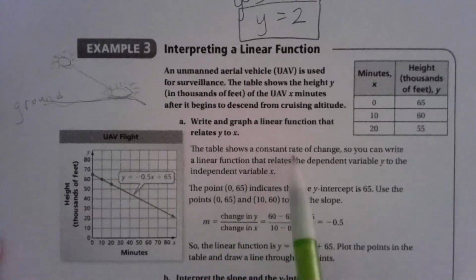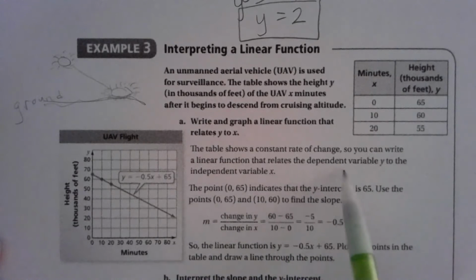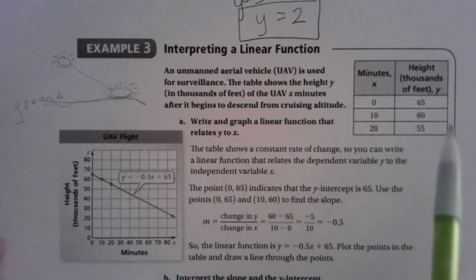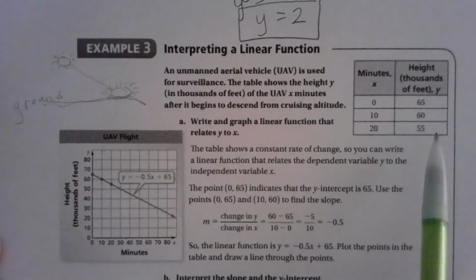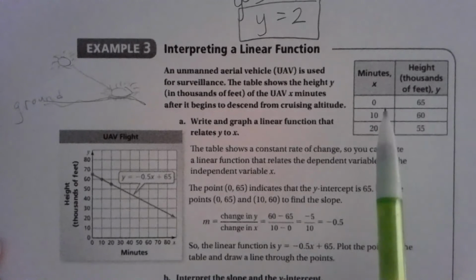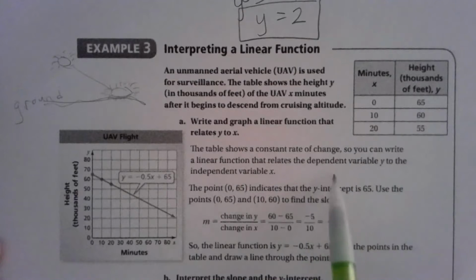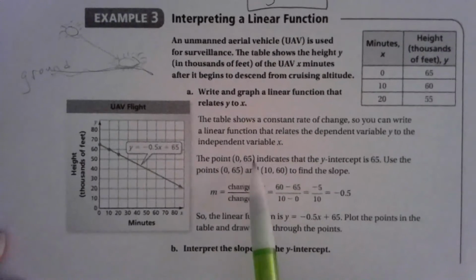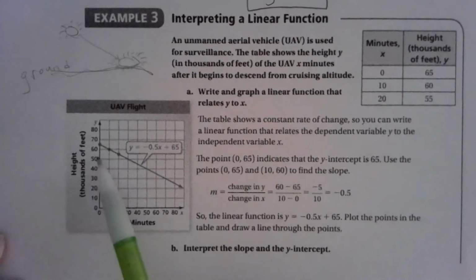The table shows a constant rate of change, so you can write a linear function that relates the dependent variable y to the independent variable. The independent variable is the time. The height of this UAV depends on how much time has passed. That's very understandable. The point (0, 65) right here indicates the height it started at.